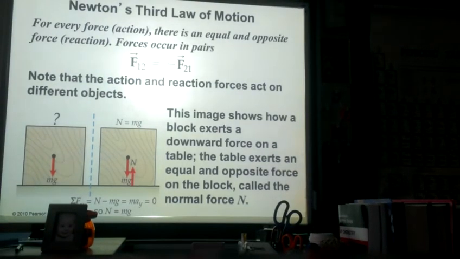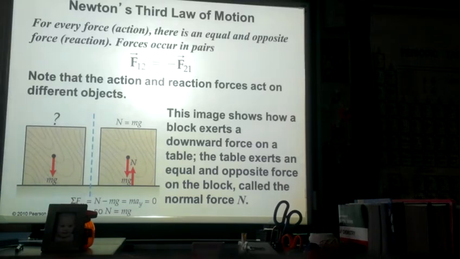Okay, let's talk about Newton's third law. So we know that Newton's first law is that an object in motion will stay in motion and an object at rest will stay at rest unless it's acted upon by an external or an unbalanced force. Ultimately, our goal then is to cause an acceleration.